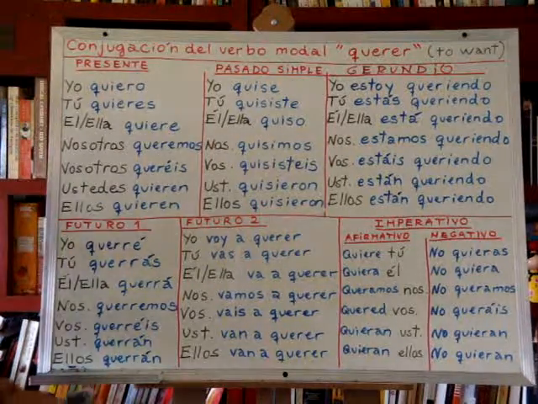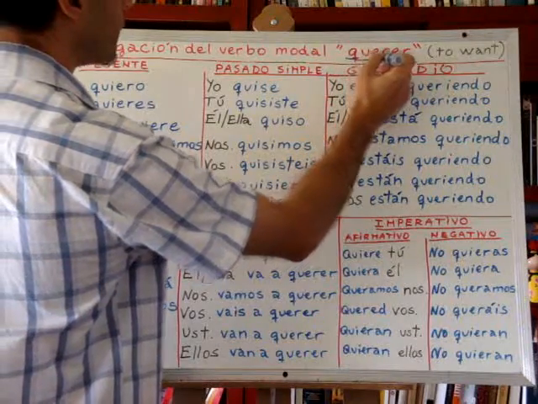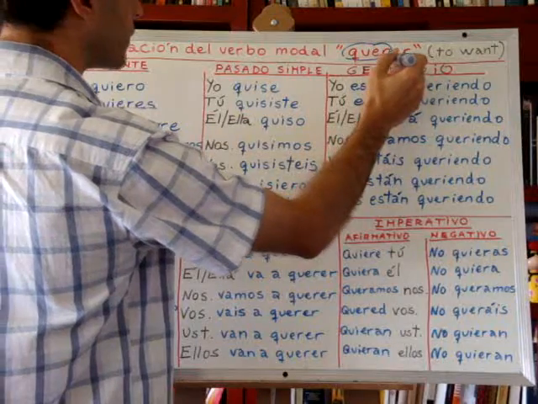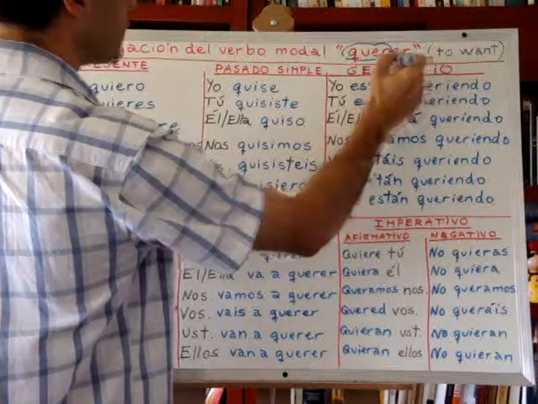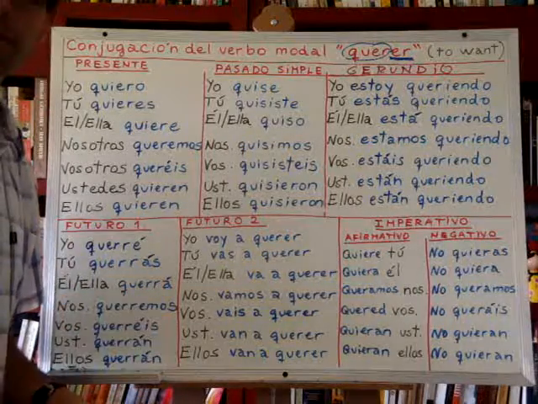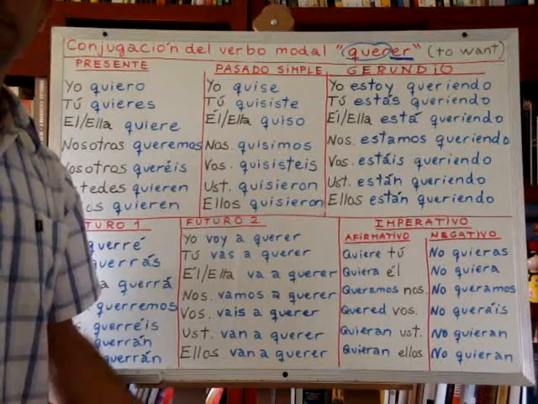Before we begin, I want you to see the root of the verb querer is quer, okay? Quer. Always the last two letters of the verb is what we call the ending of the verb. This is what determines what group the verb belongs to.